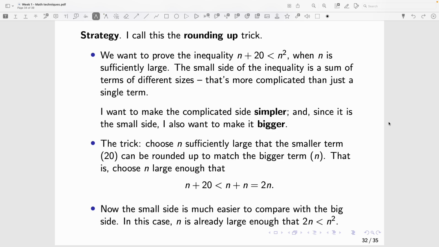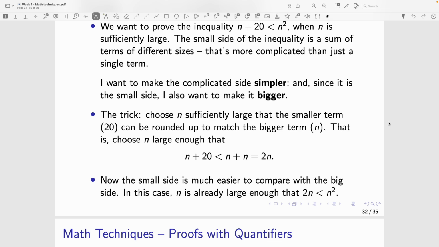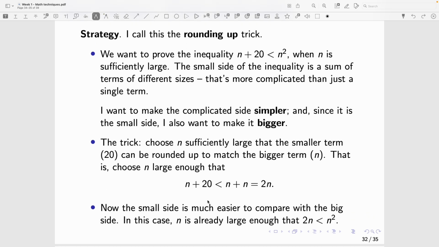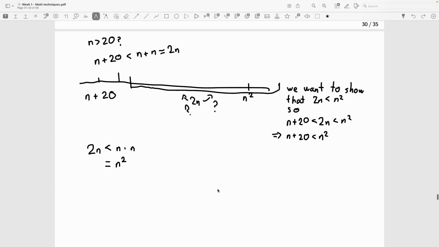We want to simplify the complicated side so that it's easier to compare with the other one. And then also, we want to make the smaller side bigger because that's what made our sort of chain of inequalities work.